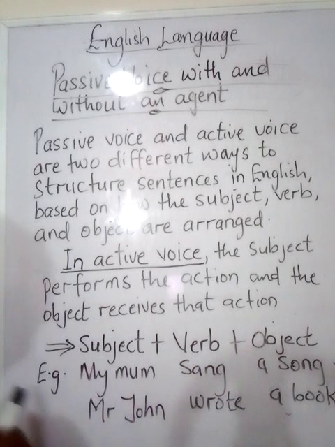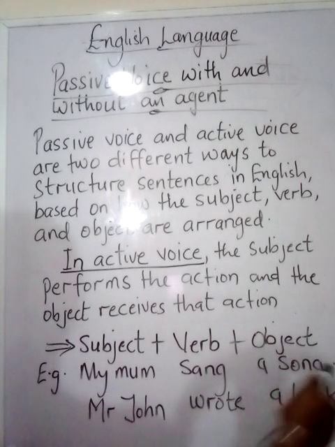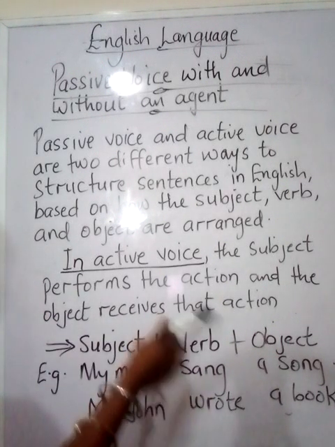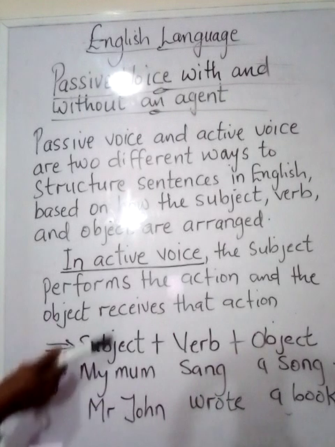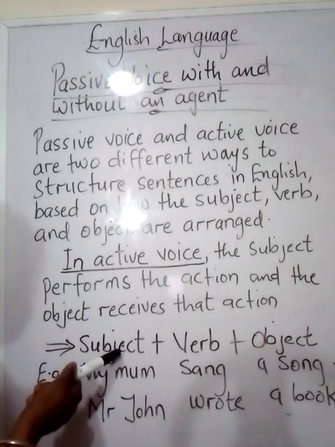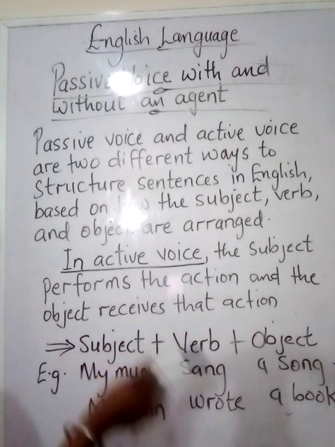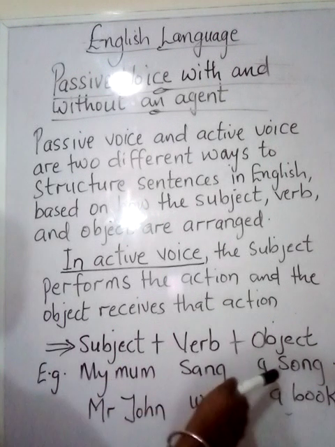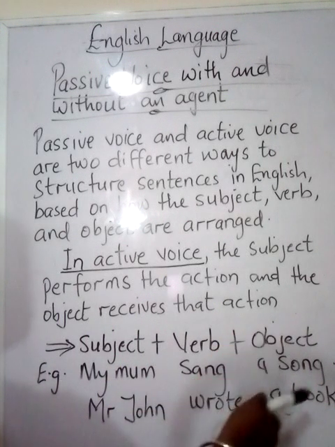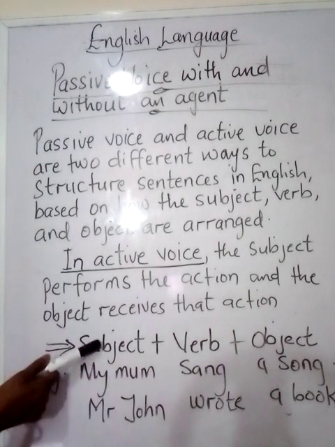So you have subject plus verb plus object. That's active voice. Here are two examples of sentences in active voice. The first one says, my mom sang a song. These are deliberately positioned this way. My mom is the subject, sang is the verb, and a song is the object, the receiver of the action carried out by the subject.